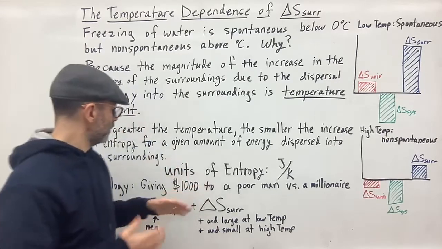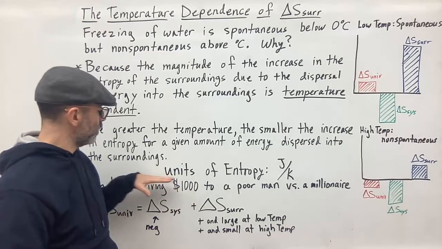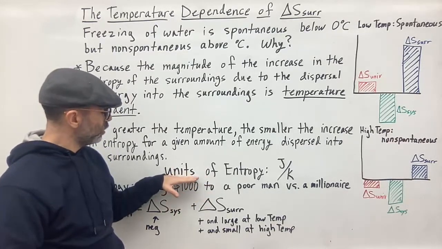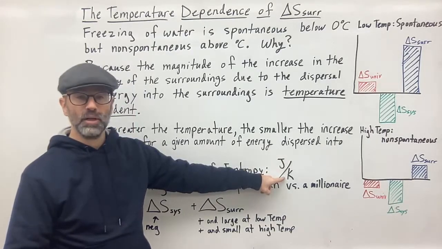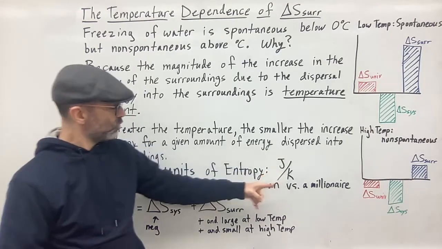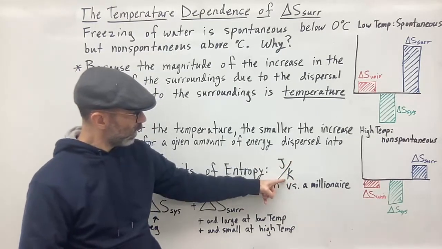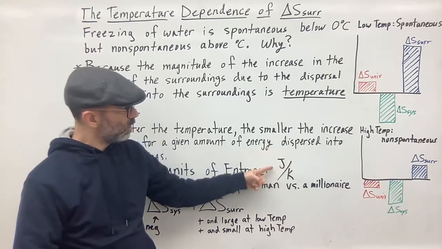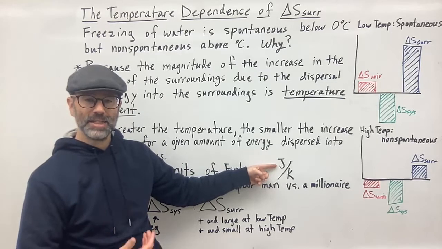And one of the things to keep in mind, to help keep this clear, is to remember what the units of entropy are. The units are joules, energy, per given temperature in Kelvin. So if you increase the temperature in Kelvin, then any specific amount of energy in joules is not going to have as great an effect.